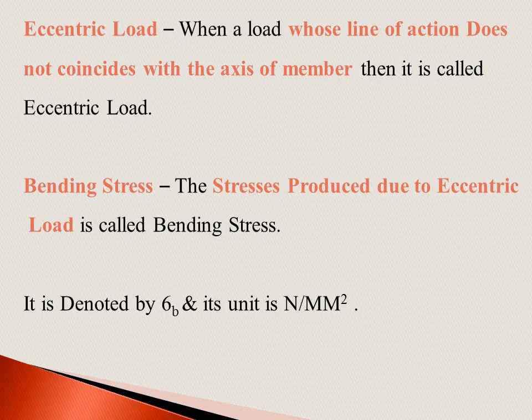The bending stress is denoted by sigma b and its unit is Newton per mm square. The bending stress in the compression member is calculated by formula sigma b is equal to M by Z, where M is bending moment and Z is section modulus of that particular section.